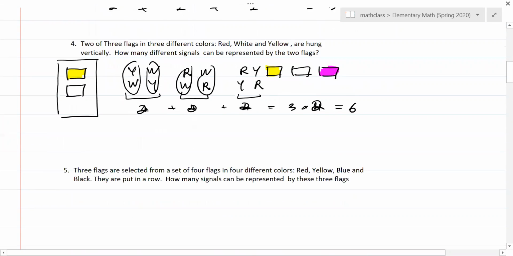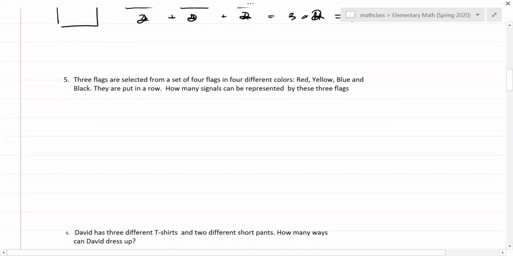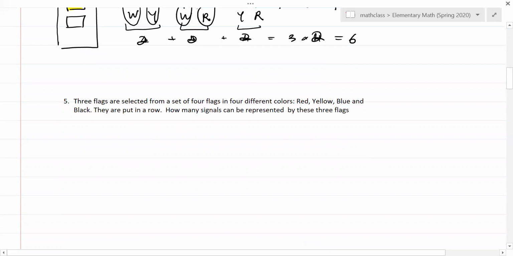Okay, so here's a similar question. 3 flags are selected from a set of 4 flags, 4 different colors: red, yellow, blue, and black. Okay, and then the question is how to count them, and they are put in a row.